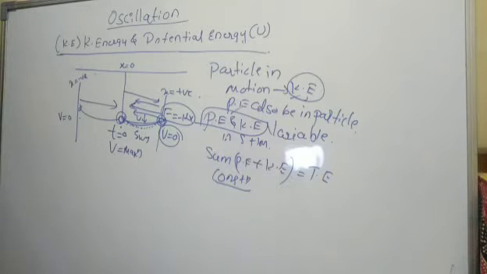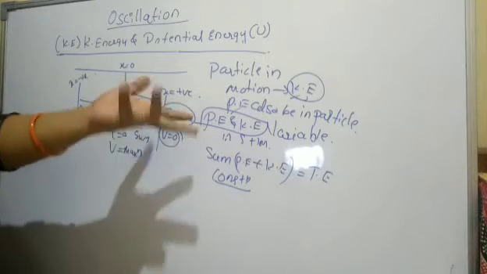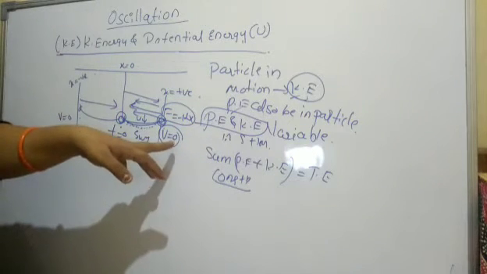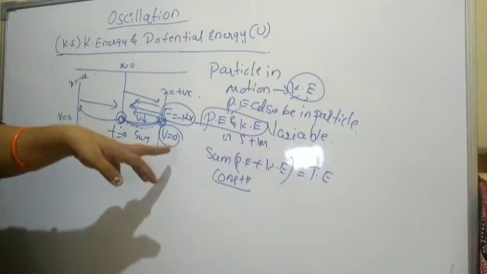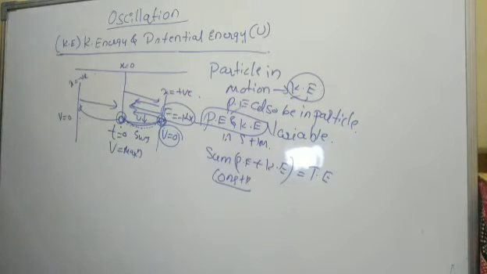So the sum of the energies experienced by the particle is conserved here, that means constant. Now force, we know, is F is equal to minus kx. That negative sign indicates it is opposite to the direction of displacement.